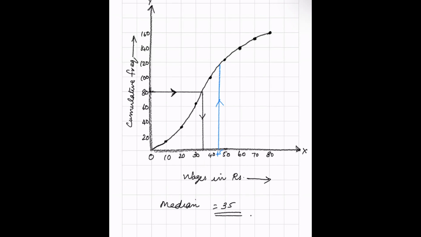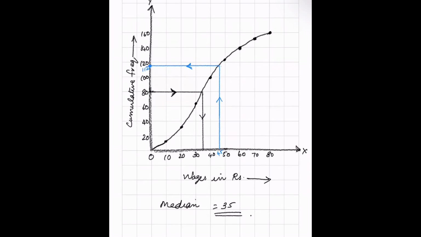So from 45, you draw a vertical line upward until it touches the curve. From there, draw another straight line, with the arrow in this direction. Assuming that this point is going to be 112.